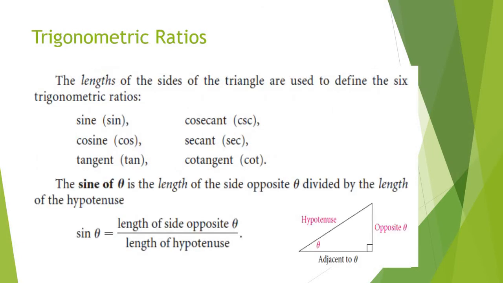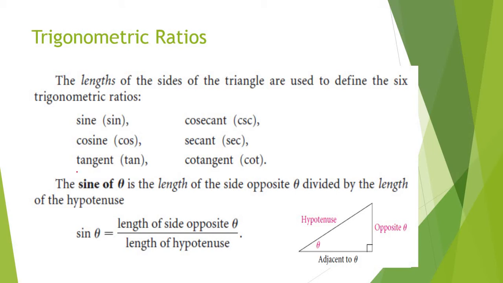The lengths of the sides of the triangle are used to define the six trigonometric ratios. What are the six trigonometric ratios? We have sine, cosine, tangent, cosecant, secant, and cotangent.